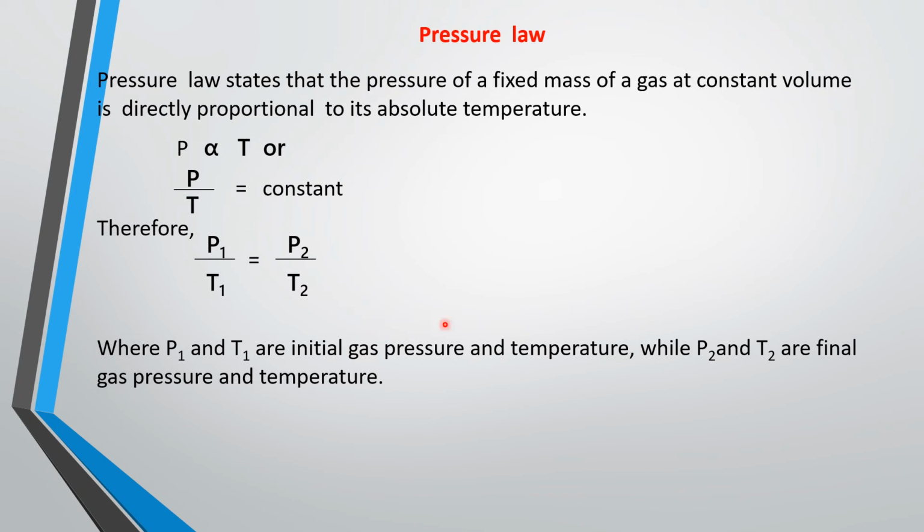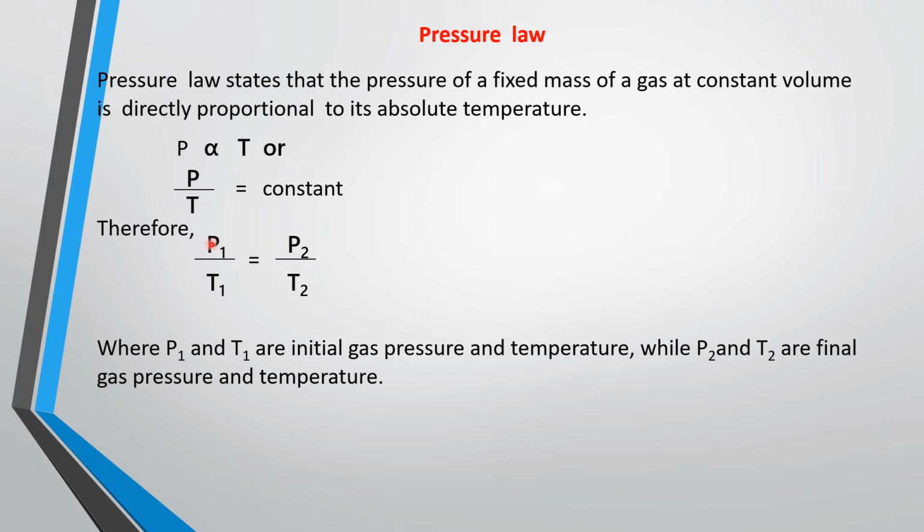Okay, so this is pressure law. The pressure law states that the pressure of a fixed mass of gas at constant volume is directly proportional to its absolute temperature. So you see that the pressure law and the Charles law are basically related. Pressure is directly proportional to temperature at constant volume, and this can also be written the way we wrote for the Charles law.